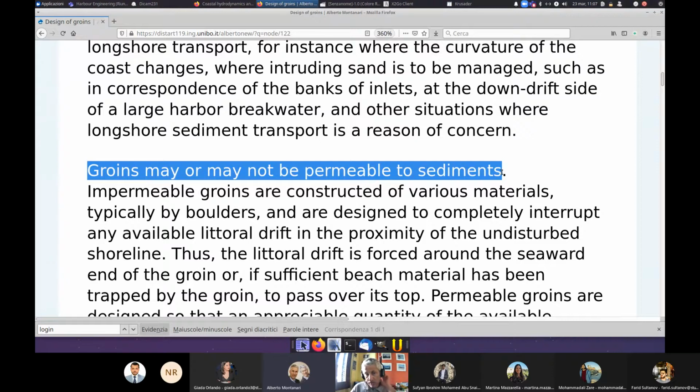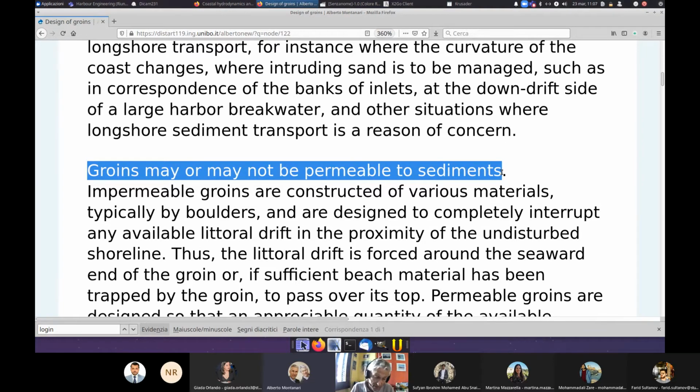Why? Because a groin has a very significant impact, and of course you want this impact because you want to bring the shoreline forward.